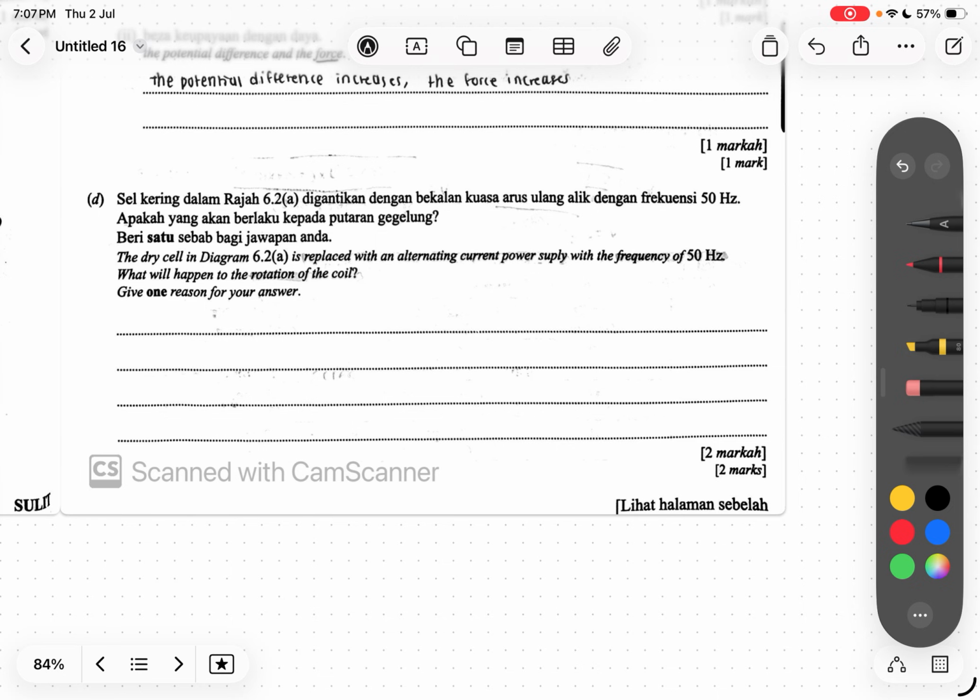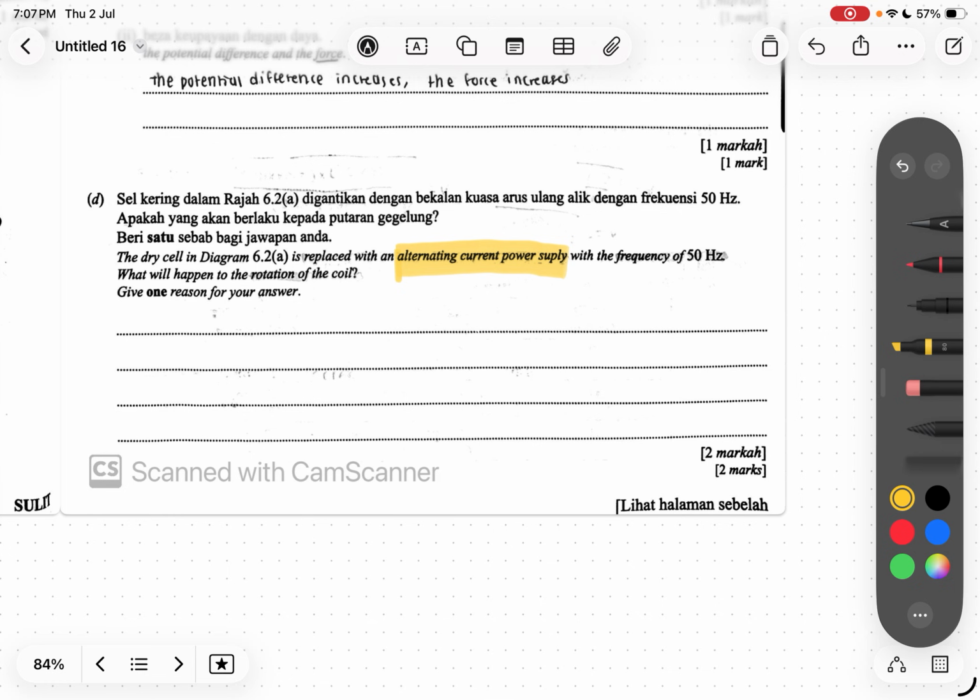Now the question asks, what happens when the dry cell in diagram 6.2a is replaced with an alternating current power supply with frequency of 50 Hz? What will happen to the rotation of the coil? Give one reason for your answer. Forget the 50 Hz right now. Look at the alternating current power supply.